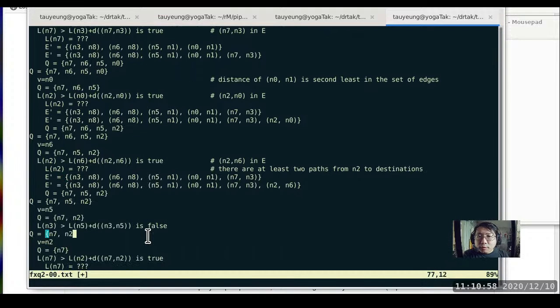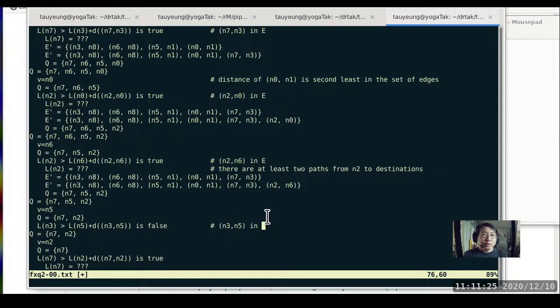And now over here we see that there's an edge N3, N5. N3, N5 is in E. But once we evaluate that edge, we did not find a shorter path. So that means the newer path of N3 going through N5 to a destination is not shorter than what we have found so far.